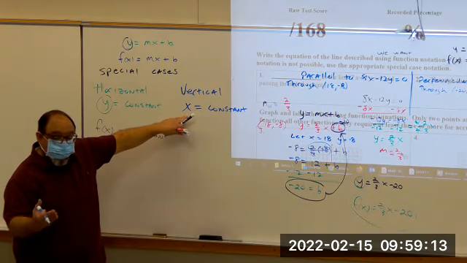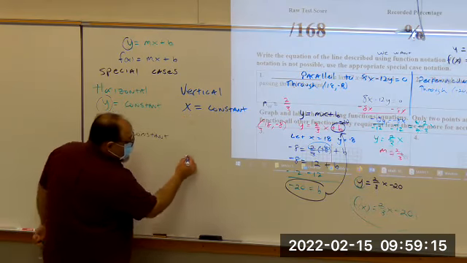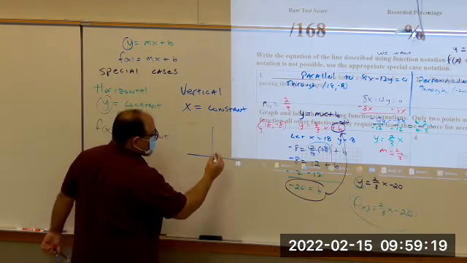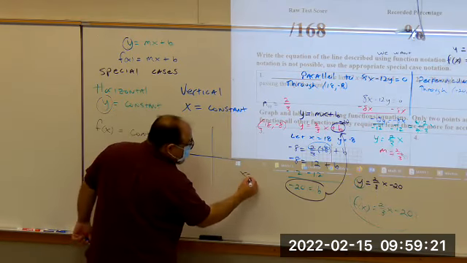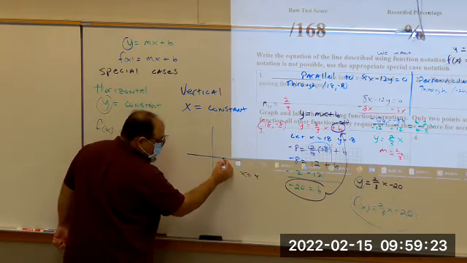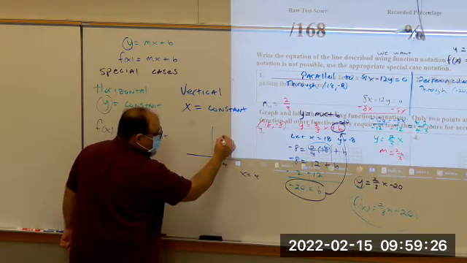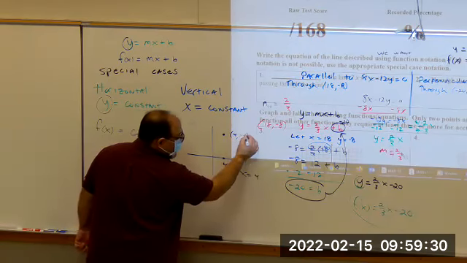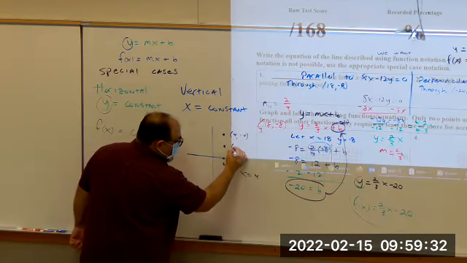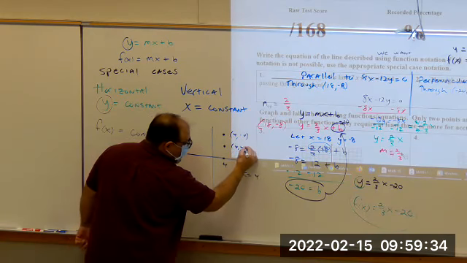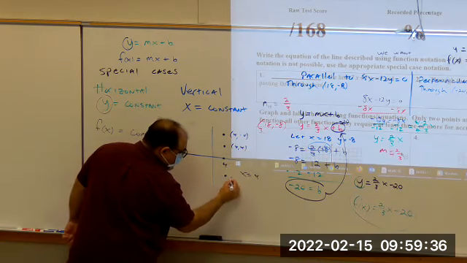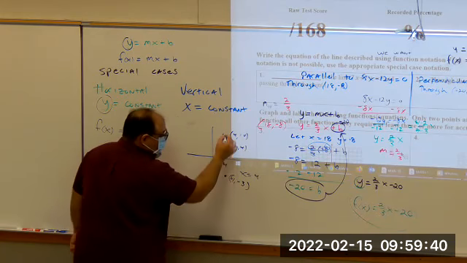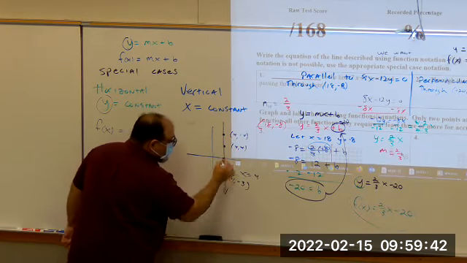Remember, vertical lines cannot be functions, because when you do have a vertical line, like x equals 4, that means x is always 4. If y is up here, the point will be (4, 10). And then right here, that might be (4, 4). Down here, this might be (4, -3). And then you make your vertical line.